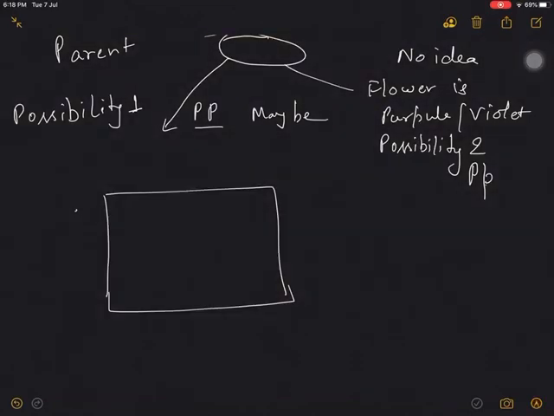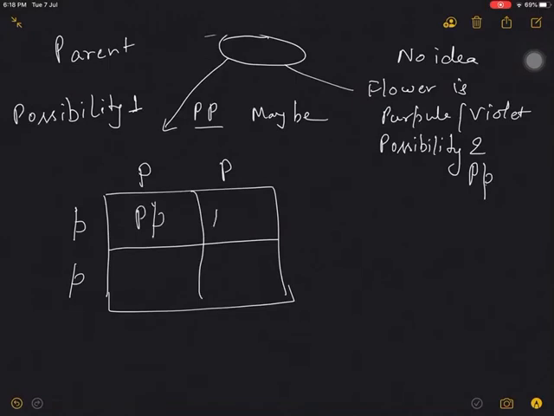So top we have to write gamete for the first plant, and left hand side gamete for the second plant, that we are telling homozygous recessive plant. So what happened, we get Pp, Pp, Pp and Pp. All flower color is here purple.